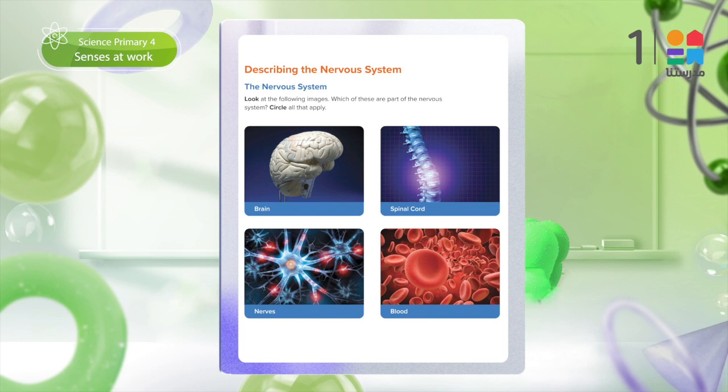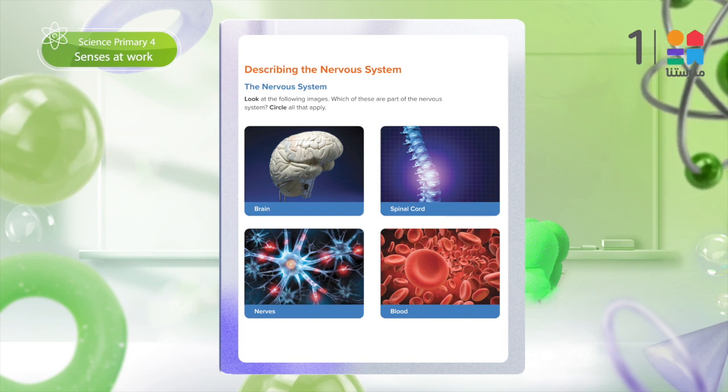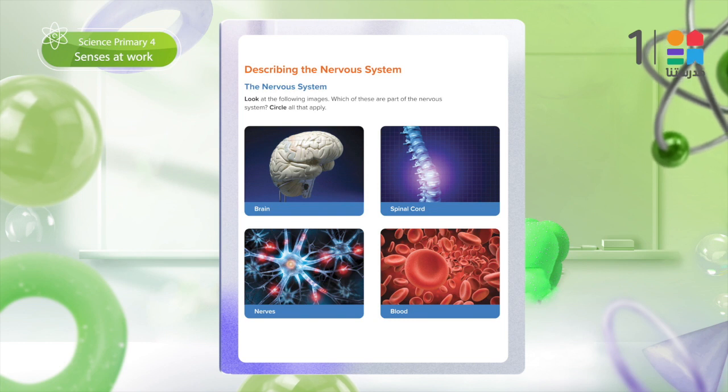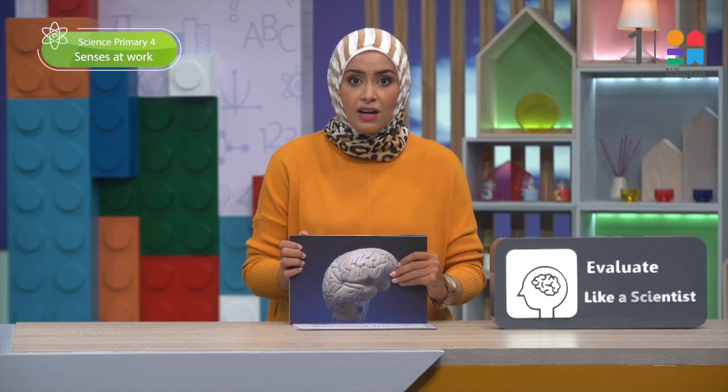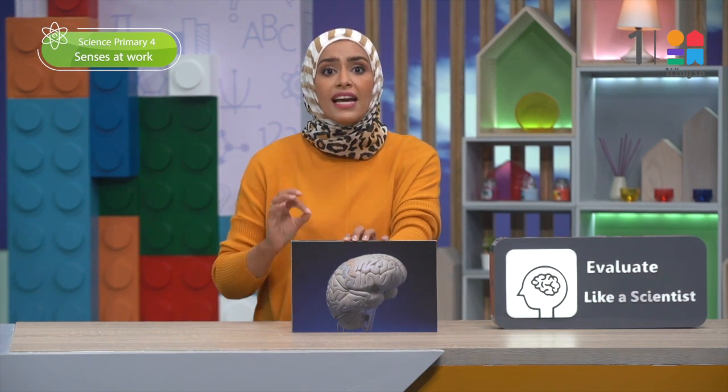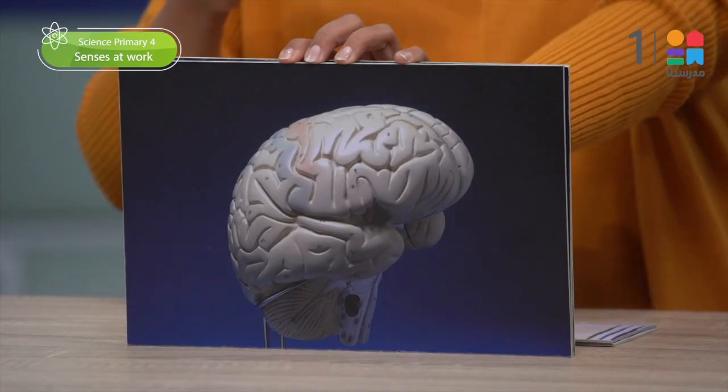Brain, I wonder, is it part of the nervous system? Yes, that's right. The brain is part of the nervous system because it receives the information and processes it like the computer, and then sends messages to the body to decide the best action. Hold your pen and circle the photo of the brain in your book.